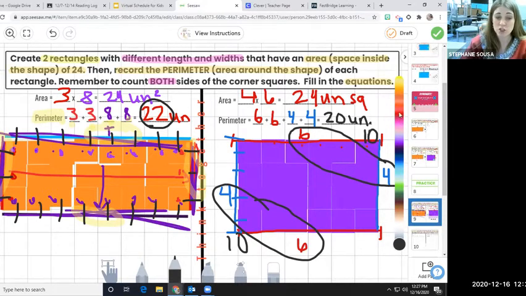If I wasn't sure, I could go around and I could count each unit square. 1, 2, 3, 4, 5, 6 on that corner, 7, 8, 9, 10, 11, 12, 13, 14, 15, 16, 17, 18, 19, 20, and yep, I still got an answer of 20 units.